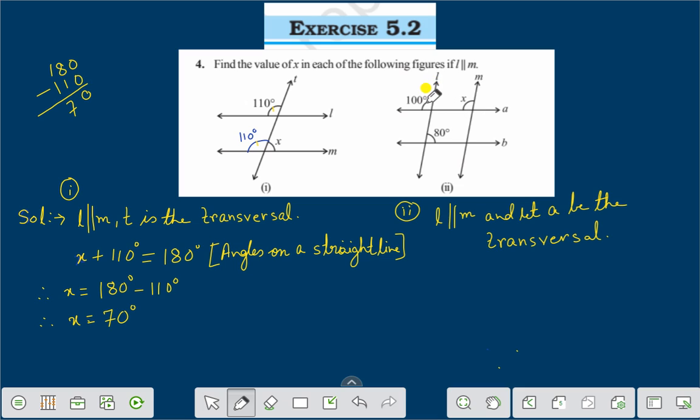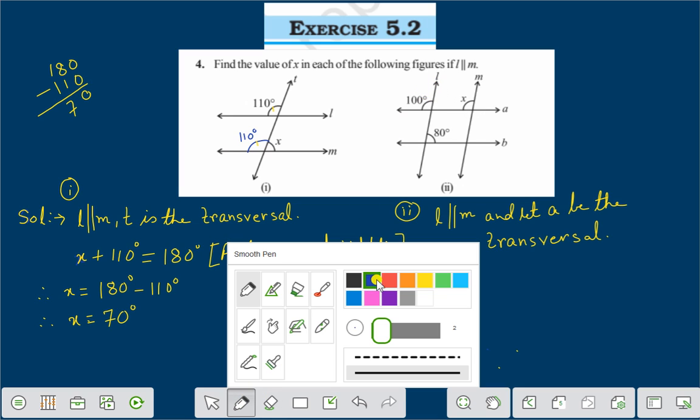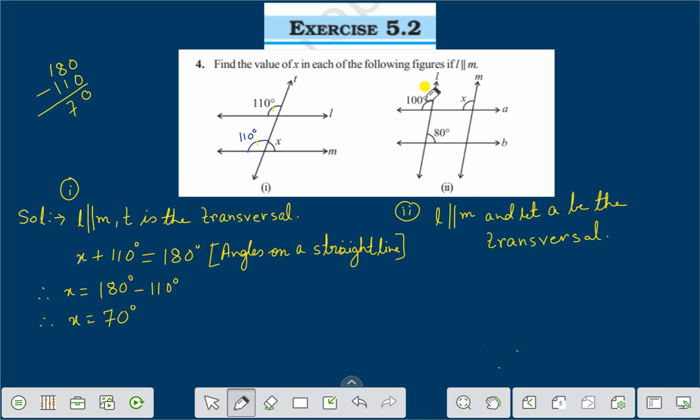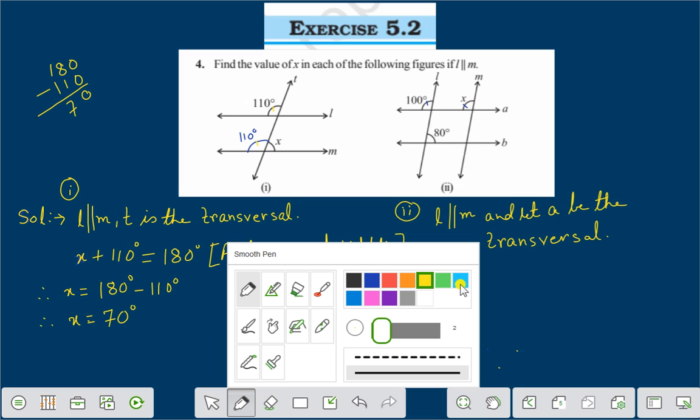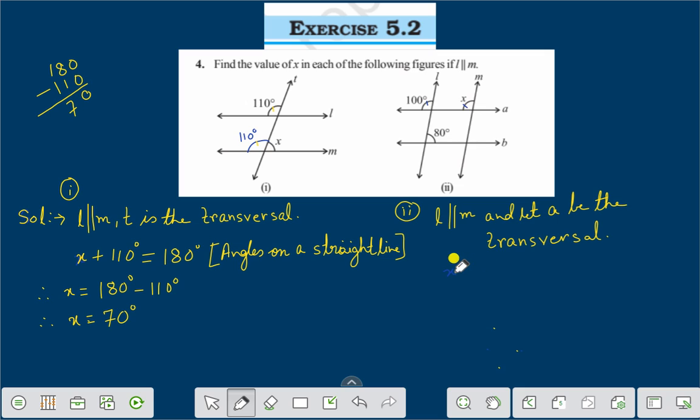Here you see that this angle and this angle are the same because they are corresponding angles. Therefore, we can say that x is equal to 100 degrees.